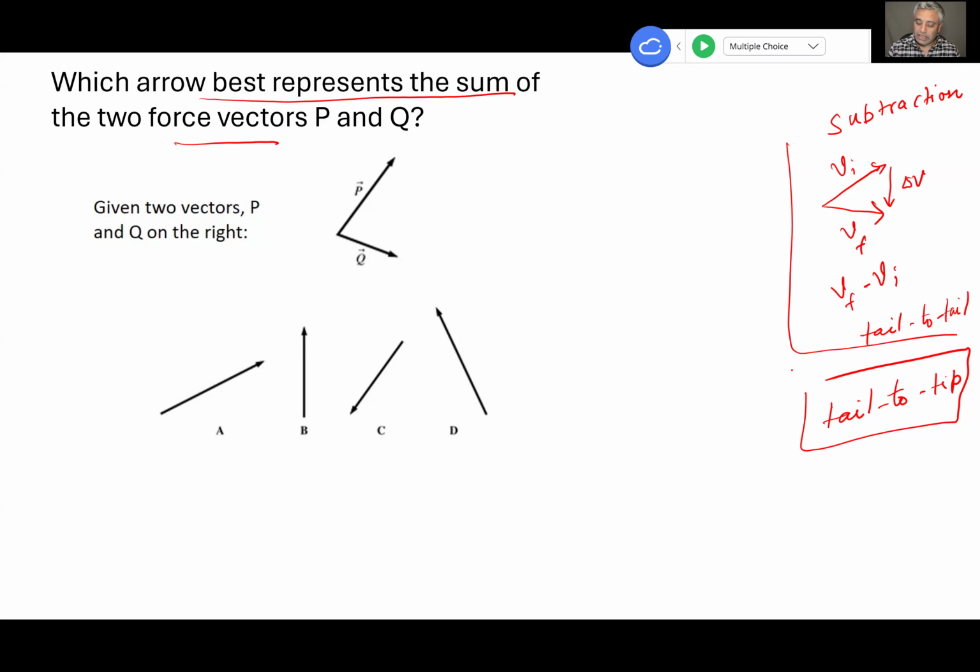So now, with that reminder, I'd like you to try this one here. You have 1 minute and 30 seconds.